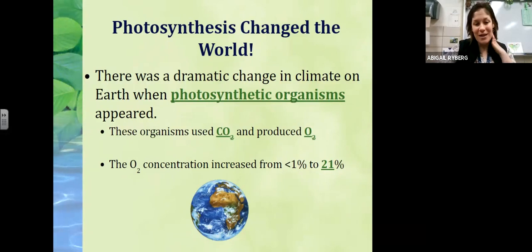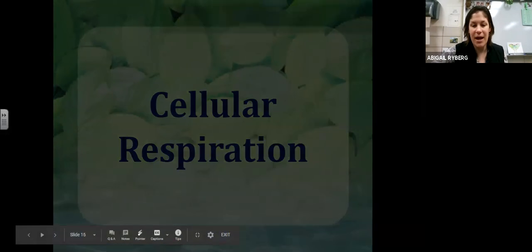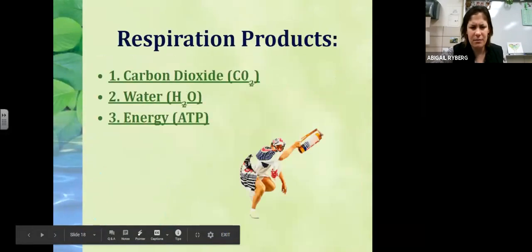Now all of a sudden we see a huge increase in the oxygen concentration. Oxygen made up less than 1% of the Earth's atmosphere, and then photosynthetic organisms became more and more prevalent and efficient. And currently about 21% of the atmosphere is oxygen.